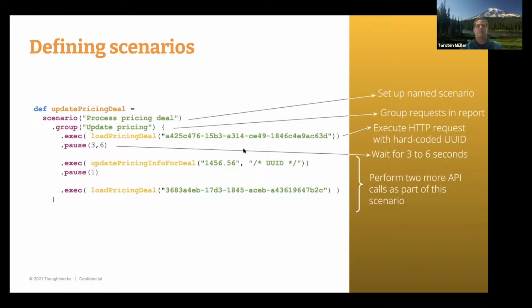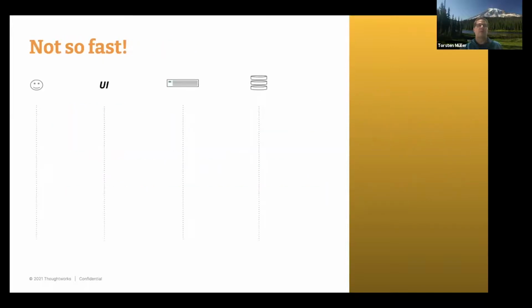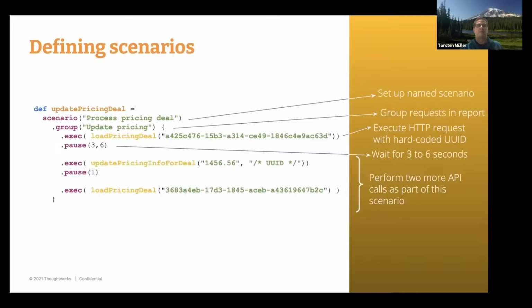And the UUID I've shortened here because it would have been too long. And then we pause for another second, we do the third. So with this, you have your scenarios that you have found through the logs, and you can basically map those to this code pretty straightforwardly. And so this is good. This looks good, right? But there's a little problem with that.